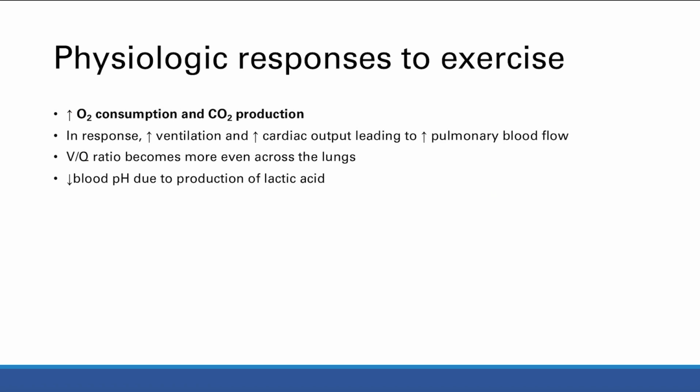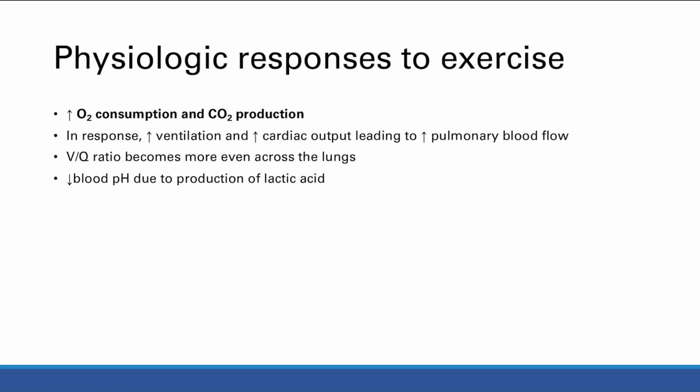When we said the VQ ratio at the top and the bottom, the top was like 3 to 1, the bottom was 0.6. Now it's going to be more even as we increase ventilation and cardiac output to the lungs. Blood pH decreases due to lactic acid production. This is pretty obvious: exercise causes lactic acid production, causing decreased pH.